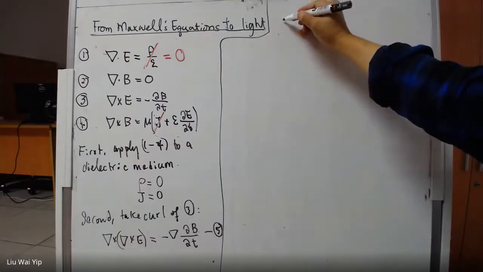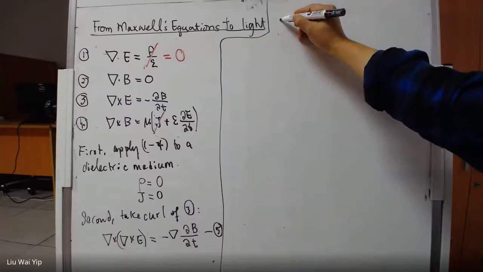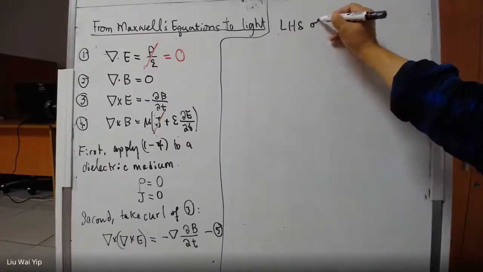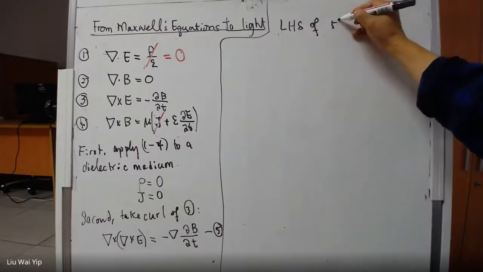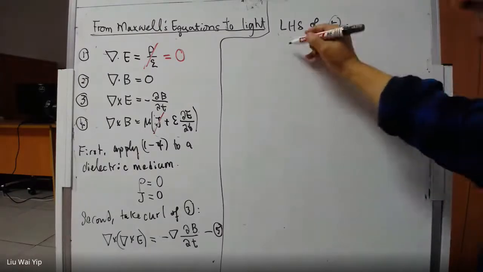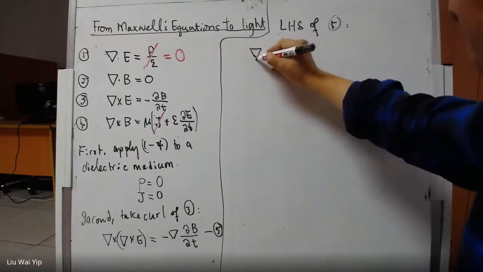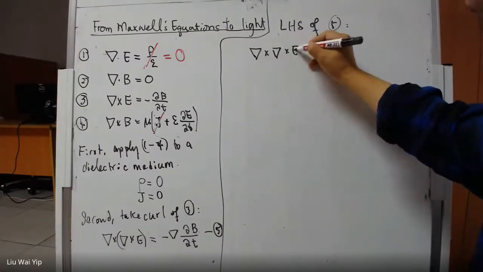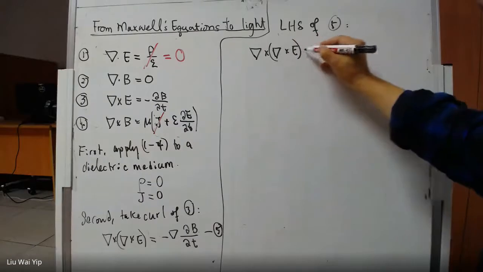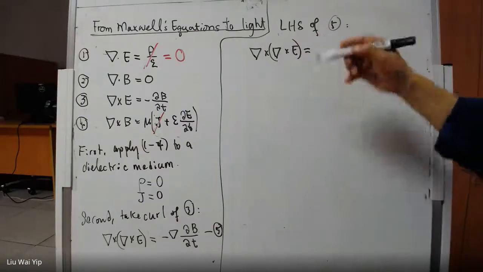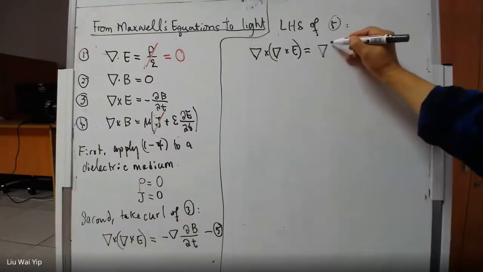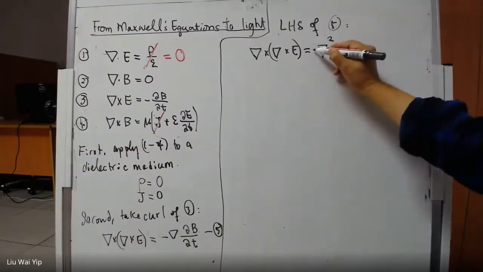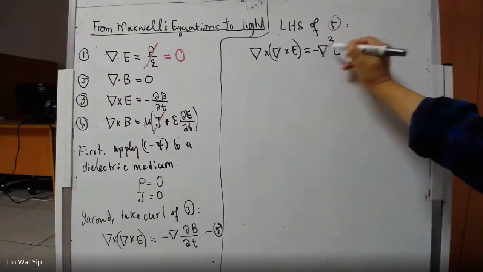The left side of equation 5 is the curl of curl of E. But according to the vector identities, this can be written as minus Laplacian of E. Do not forget the minus sign here.